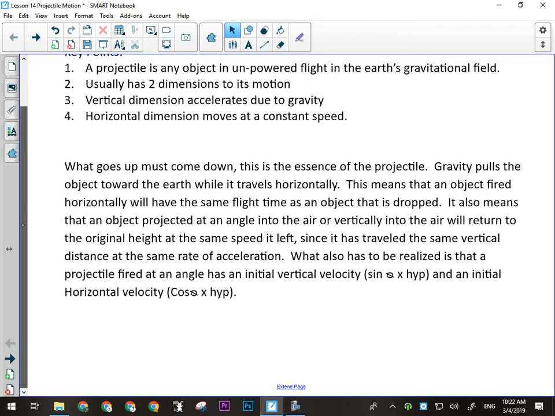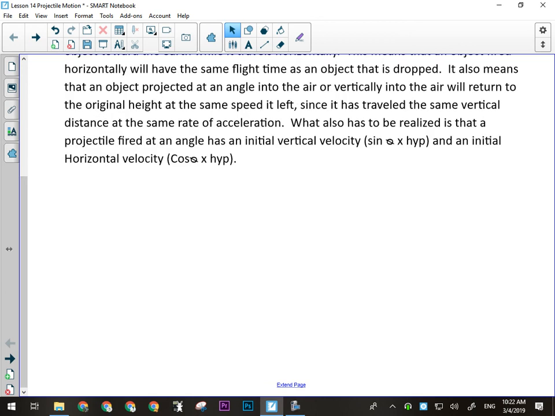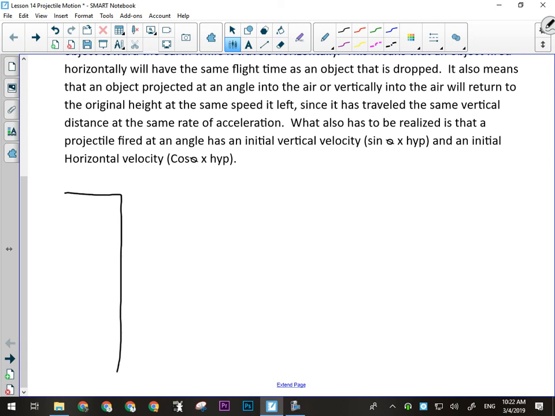So what we have, at least initially, is an object that's projected horizontally. If I just roll a ball off the top of a building, it's going to do this. If you've ever watched Hollywood movies where a car drives off a cliff, at first it's all horizontal, traveling outwards, and then it seems like it all becomes vertical really fast.